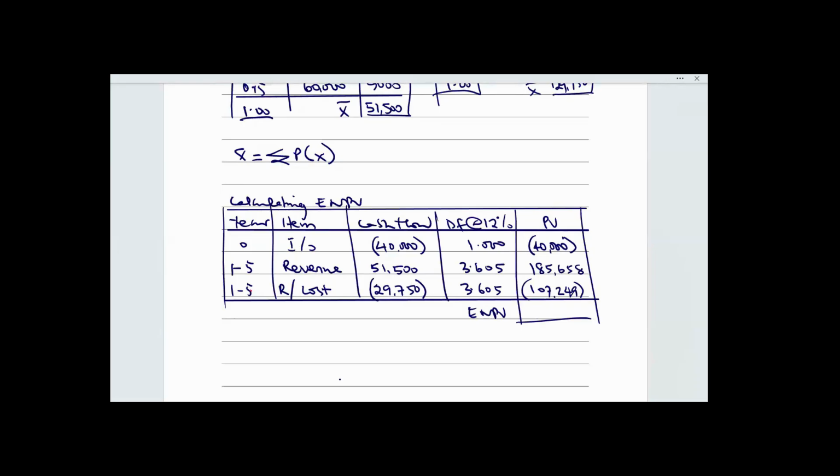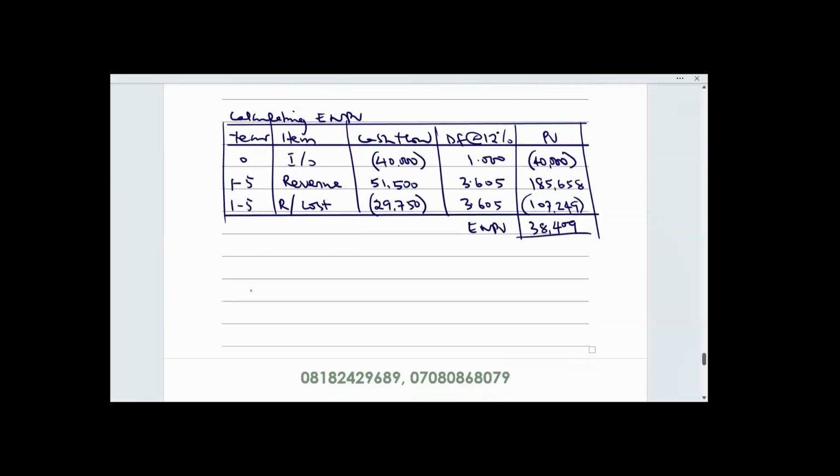Let me write this to make it clearer. 185,658 minus 40,000 minus 107,249 is 38,409. All right, that's the expected NPV.